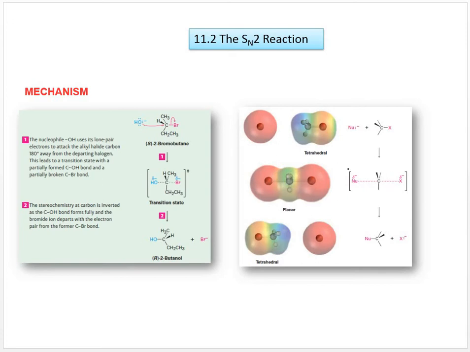We can show the transition state as a planar structure, carbon having three sigma bonds and also 2 partial bonds. One is forming, one is breaking. The molecular geometry we can call trigonal bipyramidal.